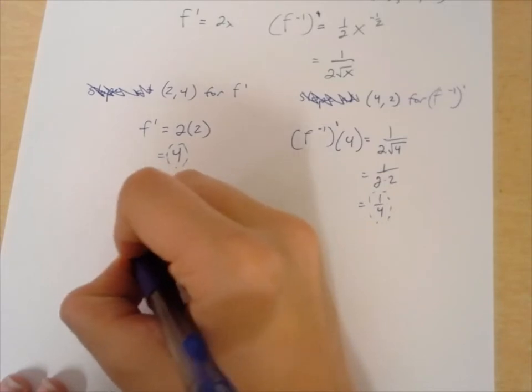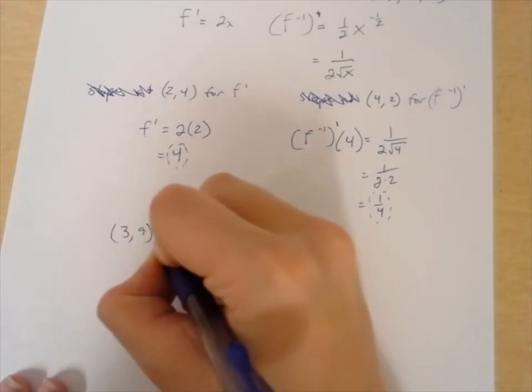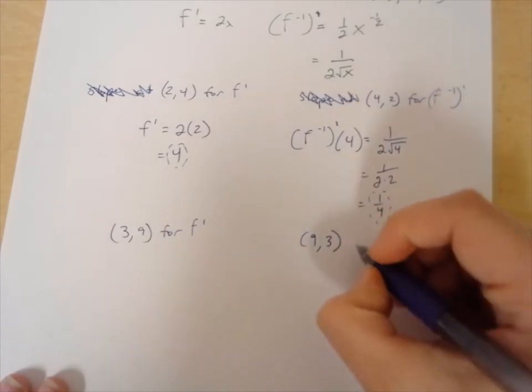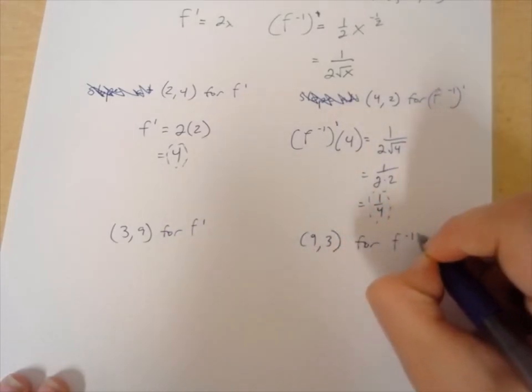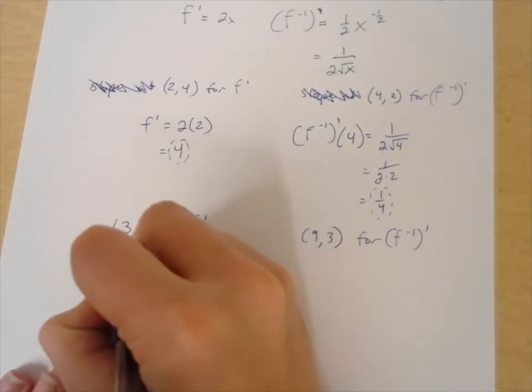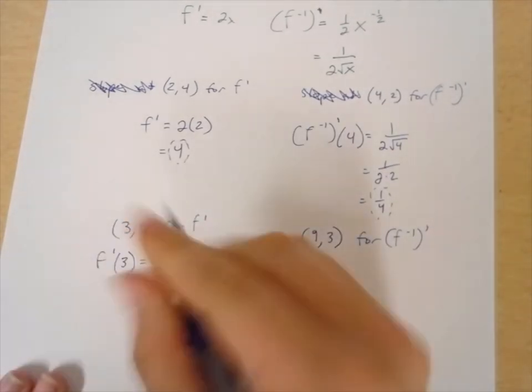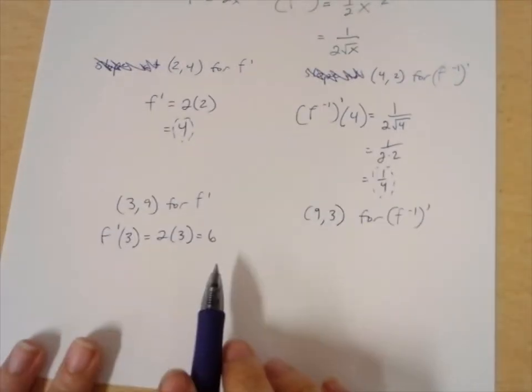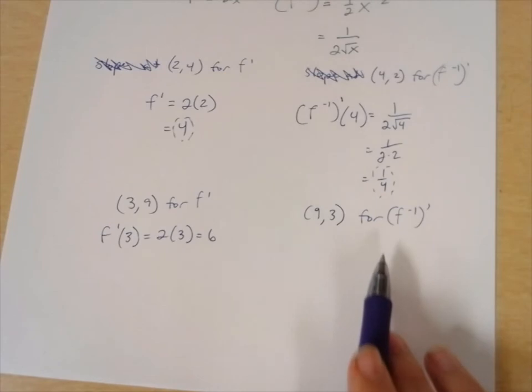Let's look at (3, 9) for f prime, and let's look at (9, 3), the corresponding point for f to the negative 1 prime. So we can say f prime of 3 equals 2 times 3, which is 6. Now, knowing that, we should get 1 over 6 here.